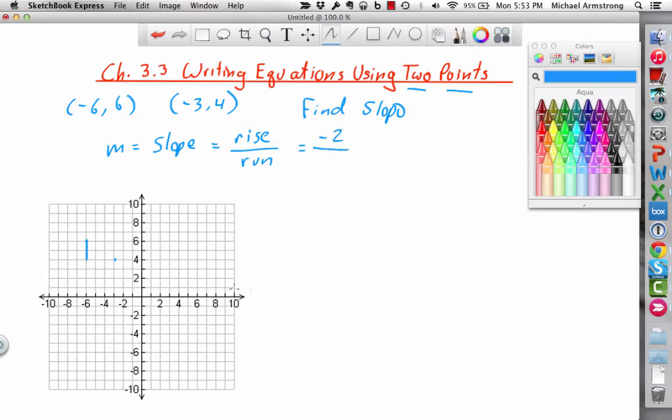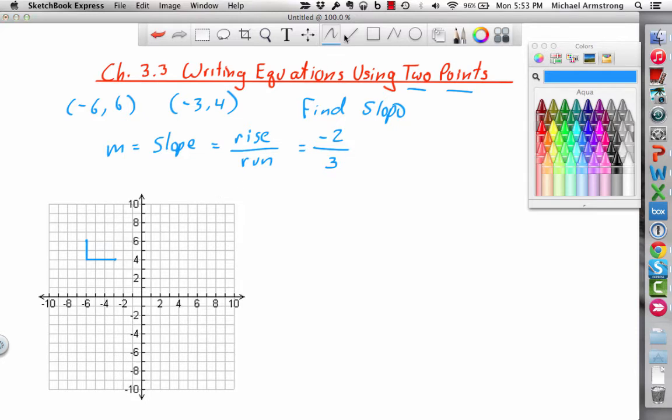So I'm just going to write that down, and then I'm going to follow from there. I'm going to run 1, 2, 3. I would like to run with a straight line, so my run is a +3. Now I've got my slope.